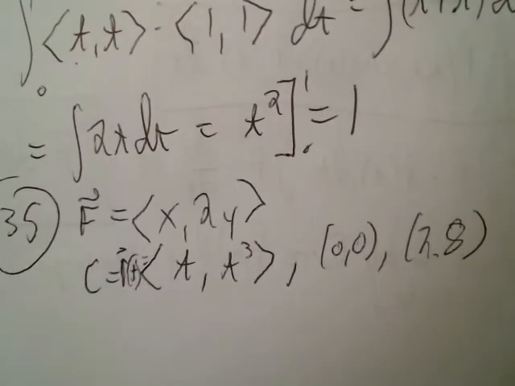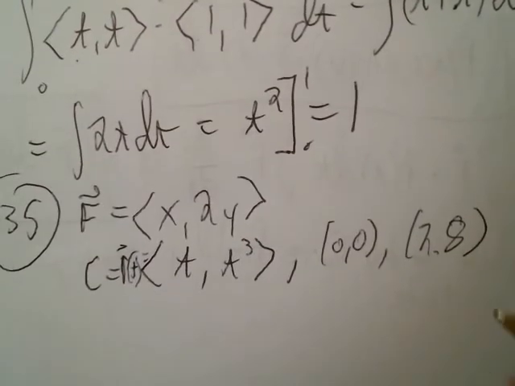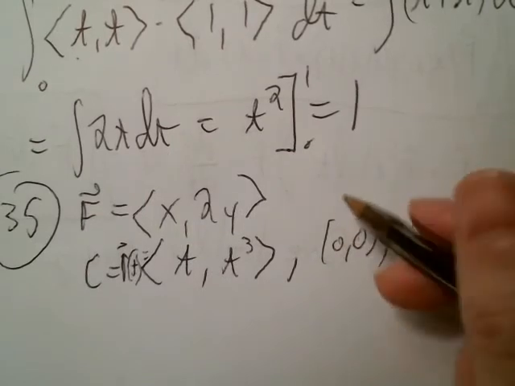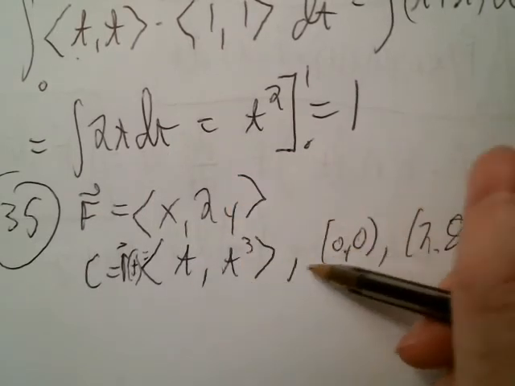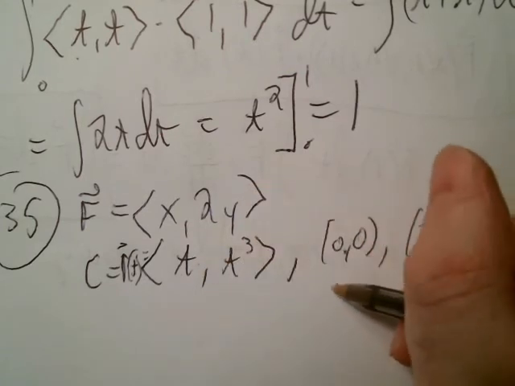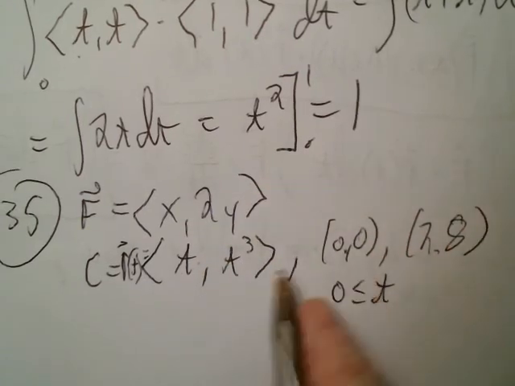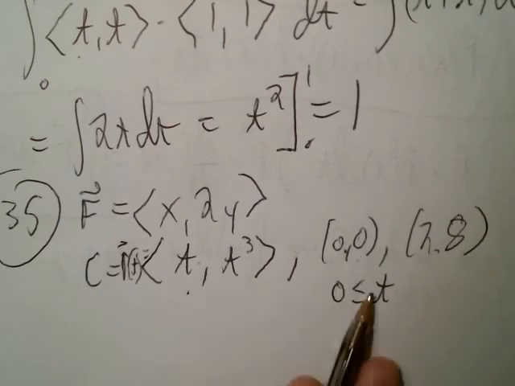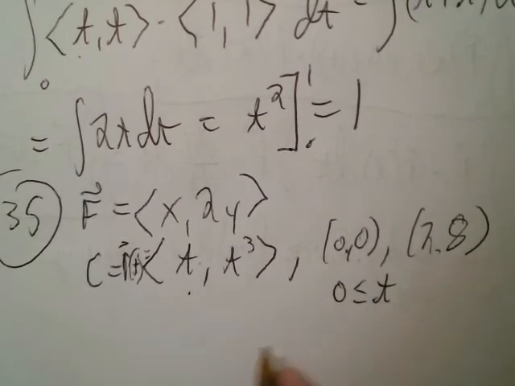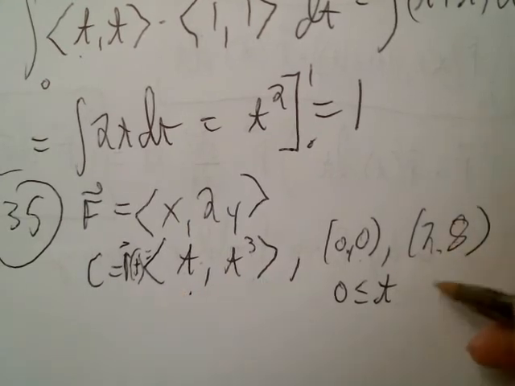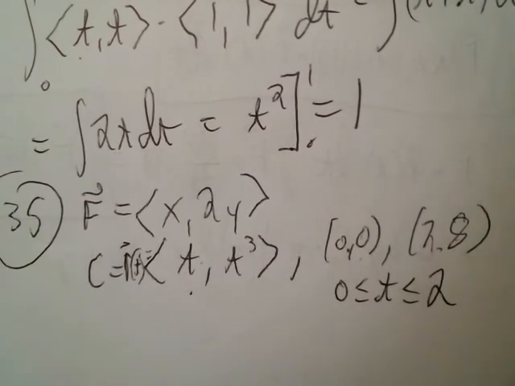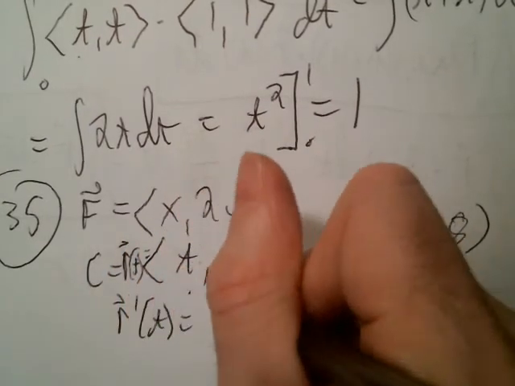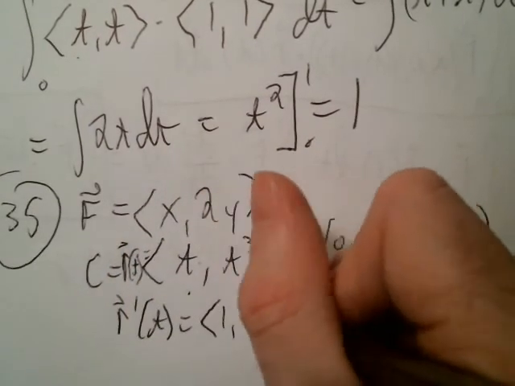Okay, so I need the t value. So you could say, all right, t must be 0, right? So if you plug in 0 for the beginning, you get 0, 0, which is what we want. And then it goes to 2, right? Because you plug in 2, you get 2, 8, which is this point. I also need the derivative, so r prime of t is going to be 1, 3t squared.